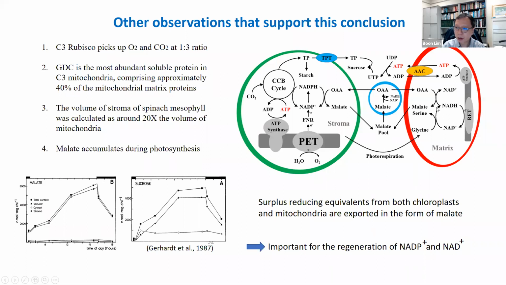At the same time, photorespiration also generates a large amount of NADH in the mitochondria that exceeds the capacity of the METC, so the surplus has to be exported from mitochondria in the form of malate. As a result, malate is being produced by both chloroplast and mitochondria, and that will accumulate in the plant cells during photosynthesis. And this will be important for the regeneration of NADP and NAD as electron acceptors in both organelles.